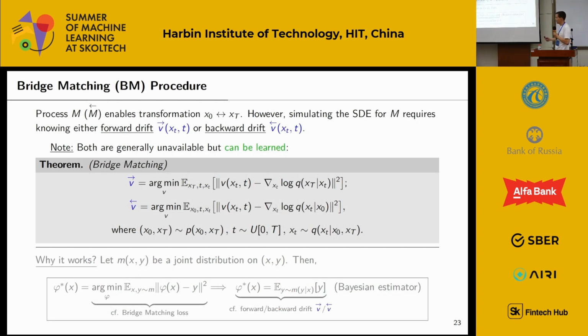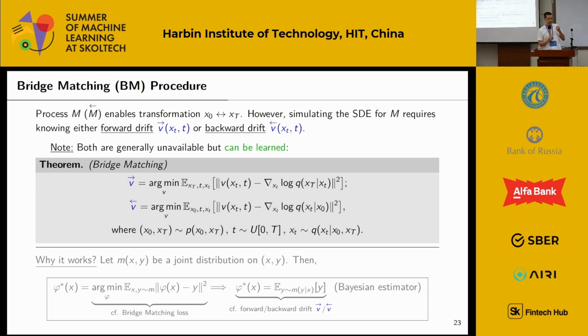Okay, so now let's come to the main question. On the previous slide I told you that you can get this stochastic differential equation, this Markovian projection, which allows to construct a stochastic differential equation. But as I already told you, it was intractable because you were not able to estimate the drift of that Markovian projection easily, just like in flow matching.